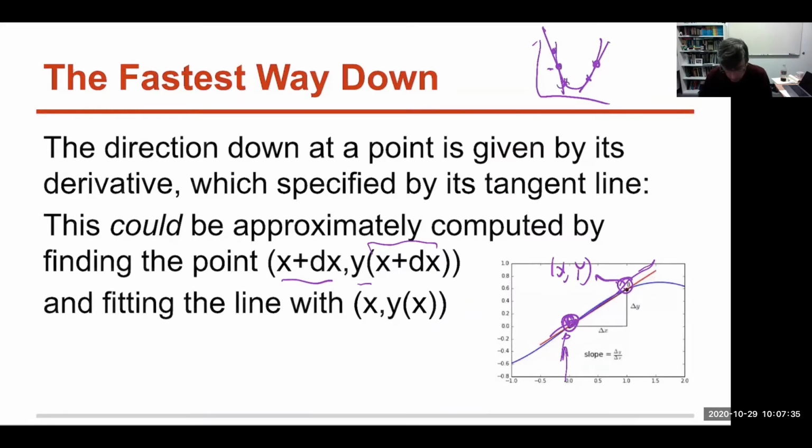So in principle, if we want to find the point going down from a given point, the simplest way would be to take our given point, sample the neighborhood around our x, compute f of x, what y is, for each one of these, and then move x in the direction that would lead us down the most.